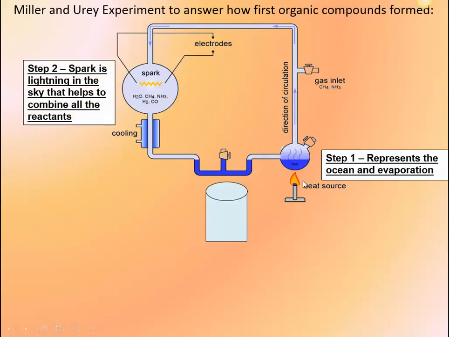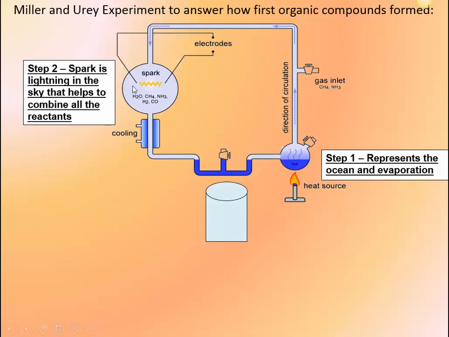Step one, you have the oceans here represented by the H2O. You have the water vapor being burned off. So everything in the atmosphere, you have the water vapor. Then you allow in some methane and then some NH3 to be in the atmosphere environment. So that's all going to go into here, into this electrical channel. And then what Miller and Urey did is they introduced a spark into this bulb here.